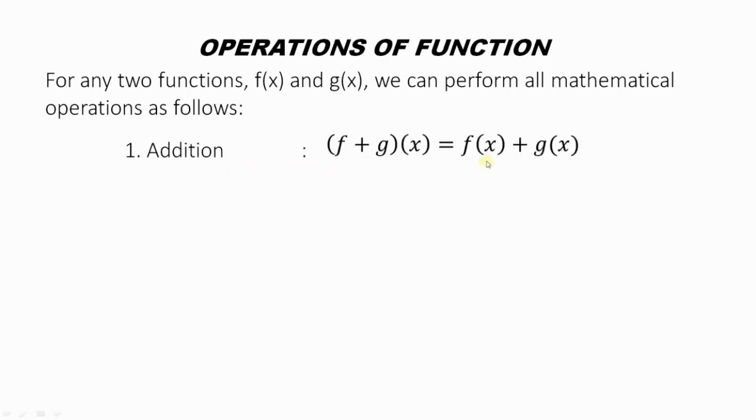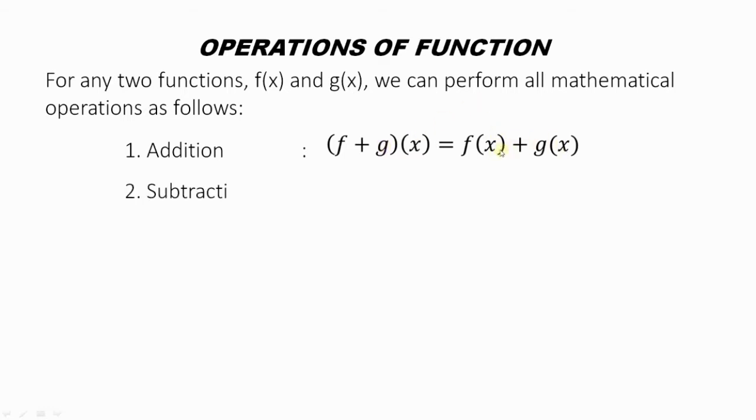For addition, f of x plus g of x, when these two functions are added, they produce a new function, and that new function is read as f plus g of x. This becomes the sum, so it is a new function that will be formed when we add two of these functions.